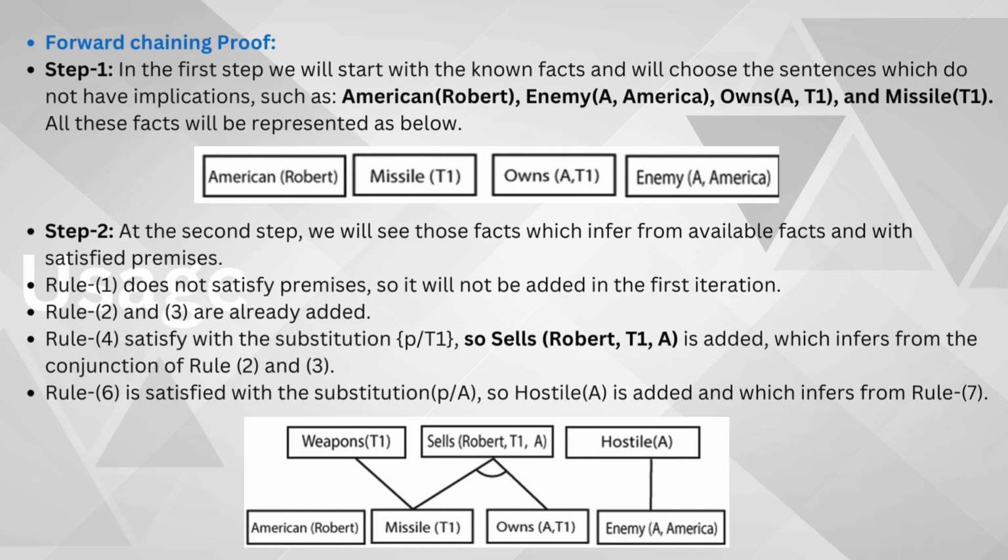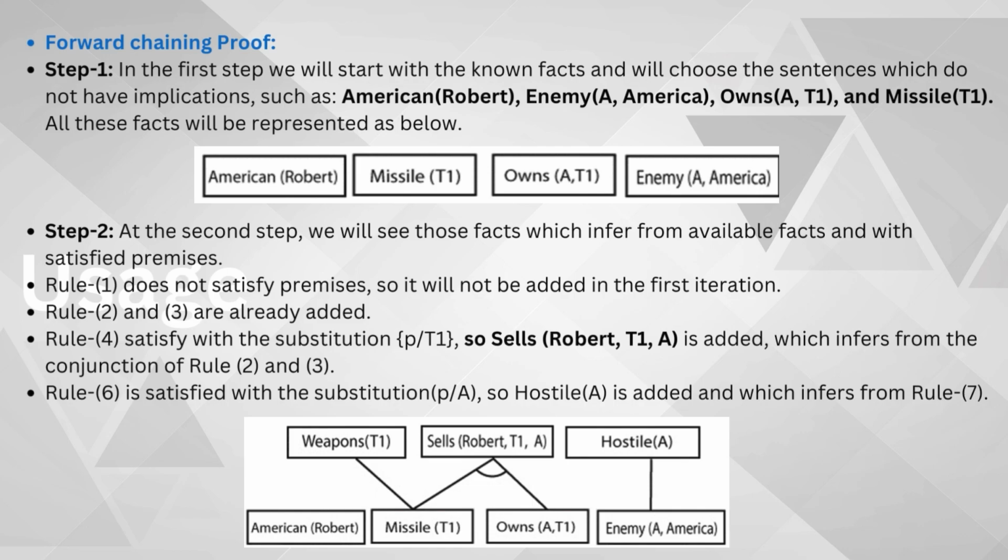Now, by substituting P with T1, which represents the missiles owned by country A, we can add the fact Sells(Robert, T1, A). So, it can be read as Robert sells missile T1 to country A.